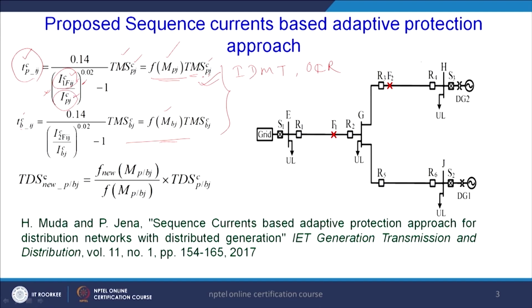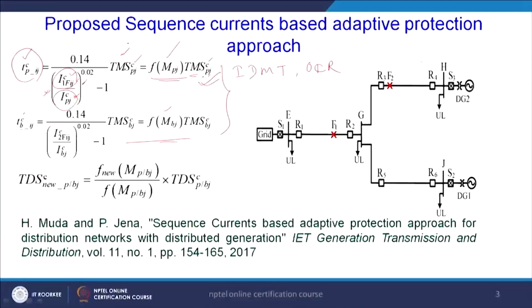This is the fault current and this is the pickup setting, and this ratio is the multiplier we discussed in the previous class. That means my time of operation is going to change if the fault current of the network or the pickup setting changes. And of course, if the TMS changes, then my time of operation also changes.